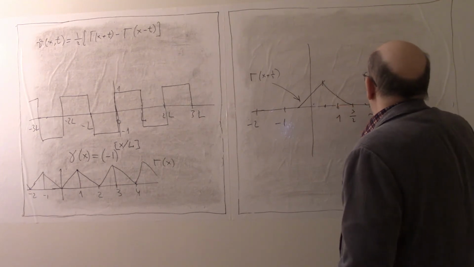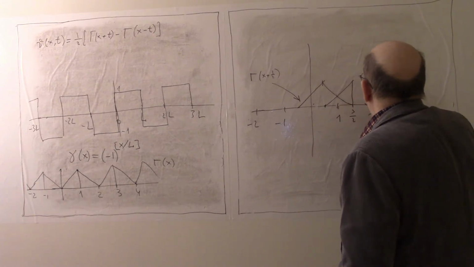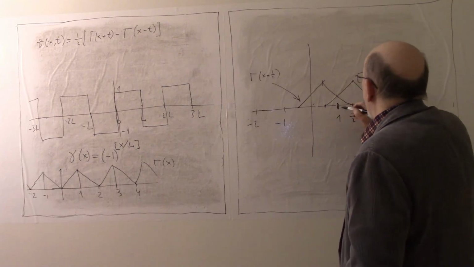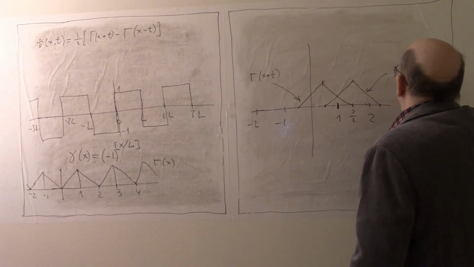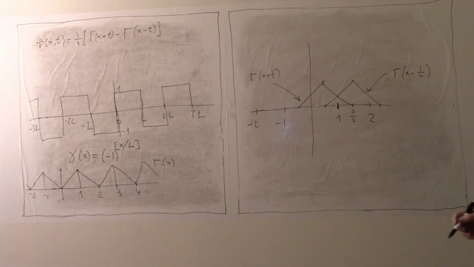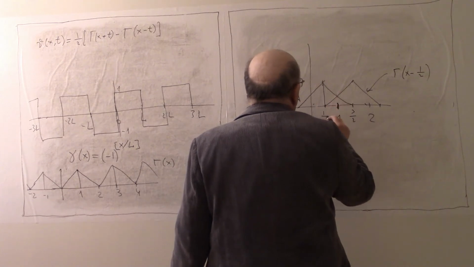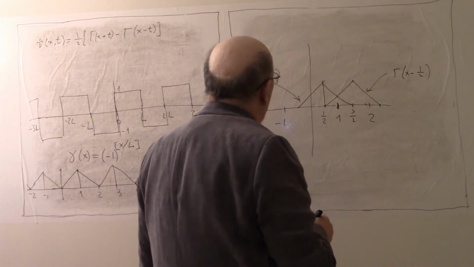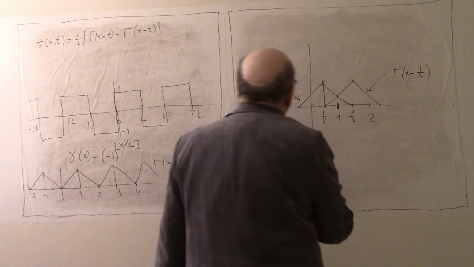1/2. This is gamma of x minus 1/2. Now this is the point 1/2, this is the point 1.